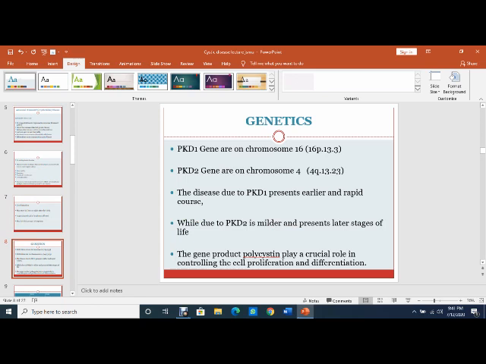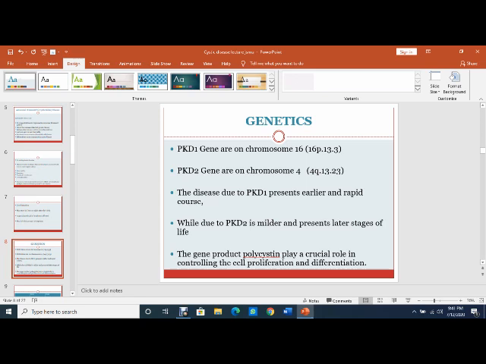Coming to the genetics, because genetics has an important role in the development of autosomal dominant polycystic kidney disease, there are two types of genes, PKD1 and PKD2. PKD1 genes are on chromosome 16 and PKD2 genes on chromosome 4.